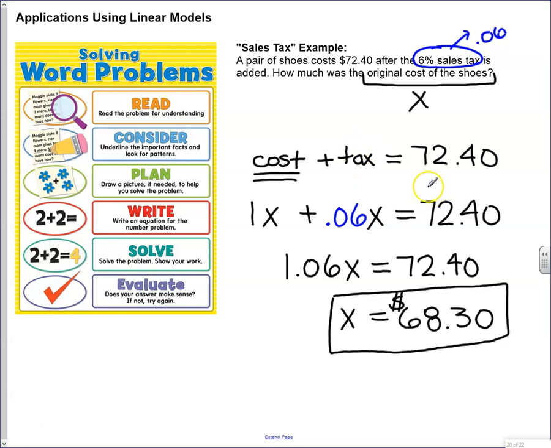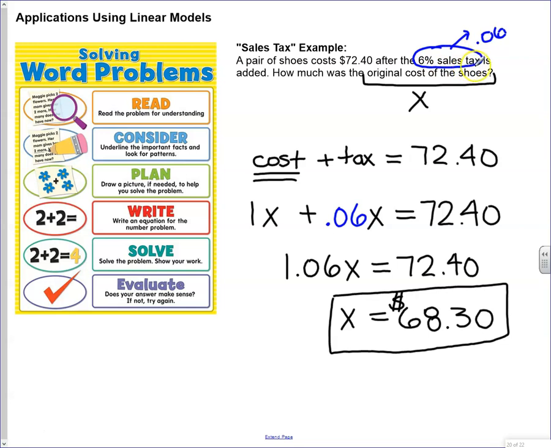When we're talking about the total price we're going to pay for something, we have the cost of the item, and then we also add on the tax, right? That's what we're doing in this scenario: we have a cost, which is what we're trying to find, and so the original cost of the shoe we're going to call X. Then we're going to add on the tax.